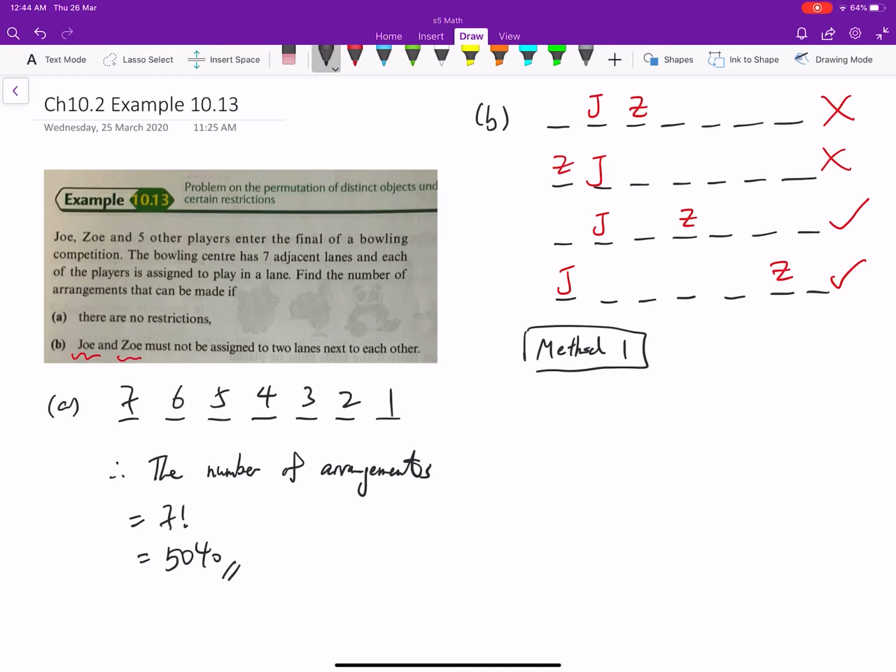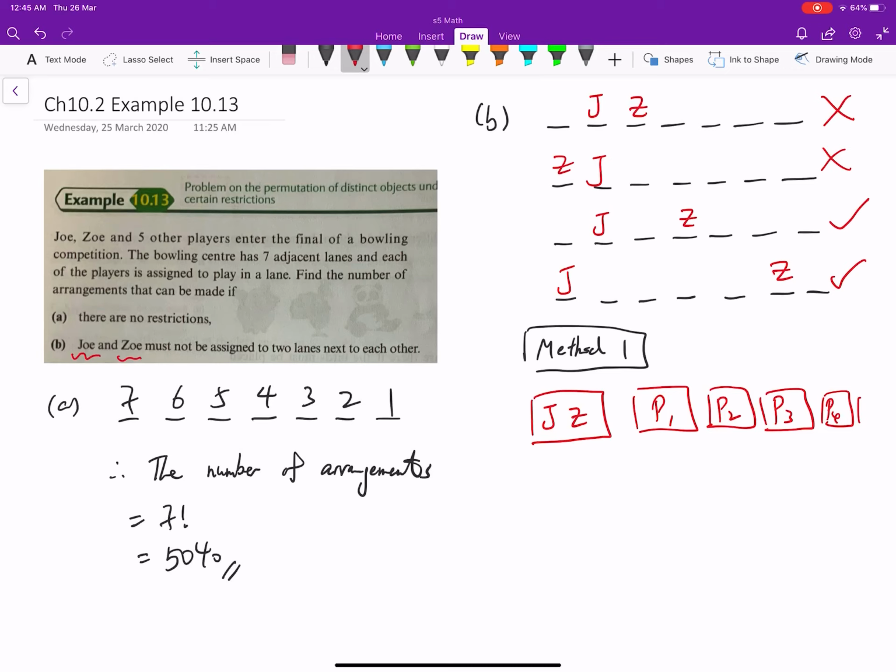So first we imagine we put Joe and Sui together in one box, and then we have other 5 players, pair 1, pair 2, pair 3, pair 4, and pair 5. Then here we have 6 factorial for this arrangement, and for themselves you have 2 factorial.